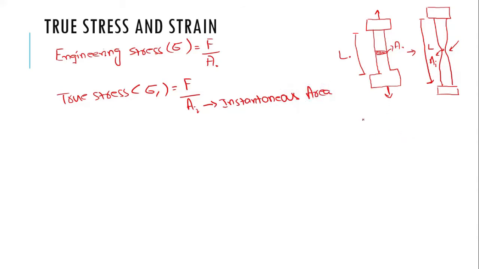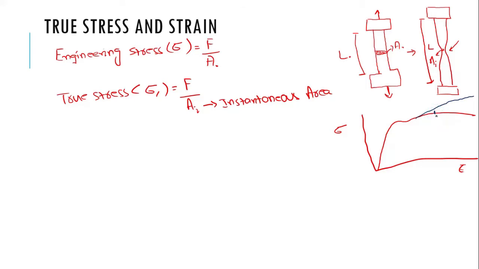So if we observe it in the graph, let's suppose this is the strain, this is the stress. So for engineering stress, it would be somewhat like this one. We have an elastic region, then we have the plastic region. But there's a possibility that for the true stress we have somewhat different value, that it might go in the elastic region, then in the plastic region it will further increase, especially after this strain hardening.